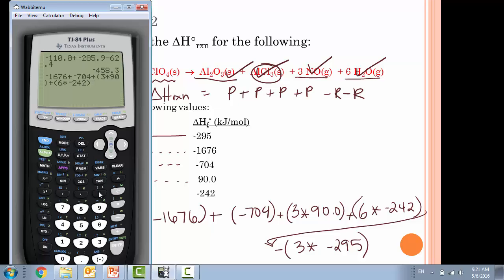And those are all my products added together, and then we subtract our reactant, and we had 3 times negative 295 for that.